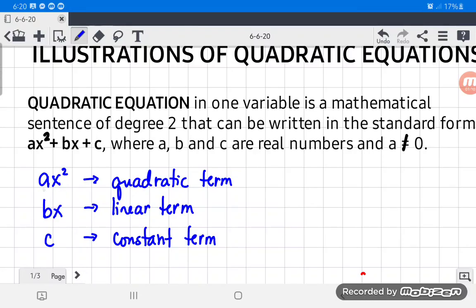Notice that the highest exponent of the variable x here is 2. That's why we call this the quadratic term. In the linear term, the exponent of the variable x is only 1. And in the constant term, there is no variable.